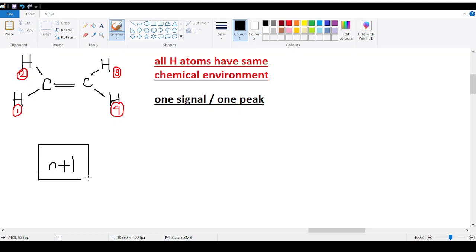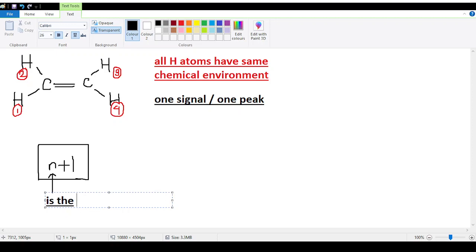When you want to follow the n plus 1 rule, it is important to understand what n actually is. n is the number of next door non-equivalent hydrogen atoms.